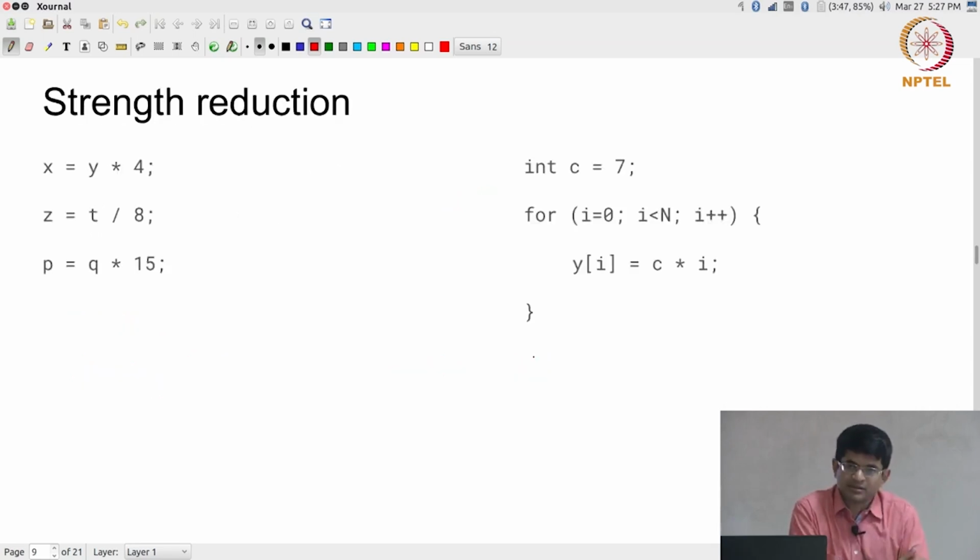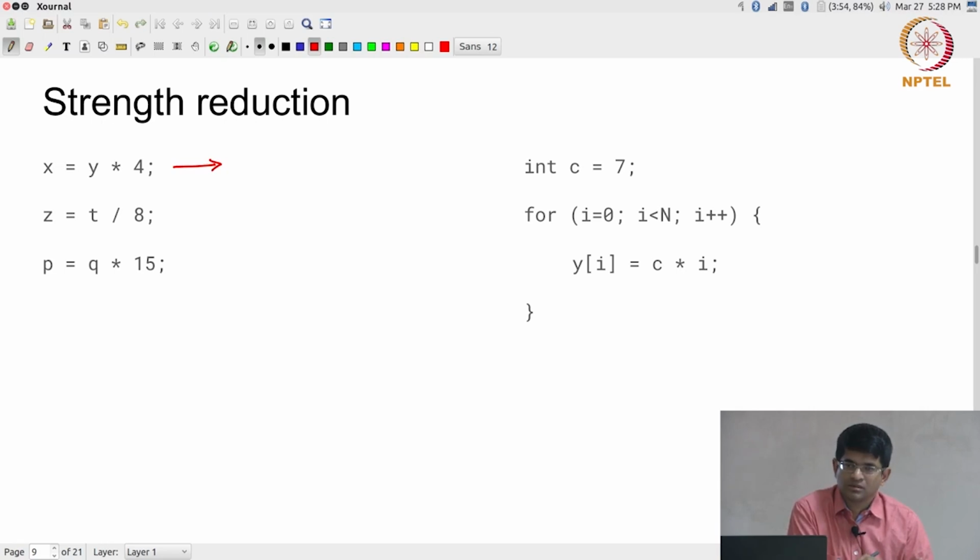Strength reduction is another class of optimizations rather than a specific optimization by itself. All that it says is, can you reduce the complexity of a certain kind of operation? For example, is there any other way you can compute y is y into 4?